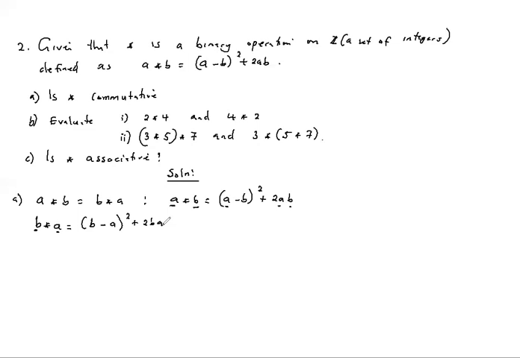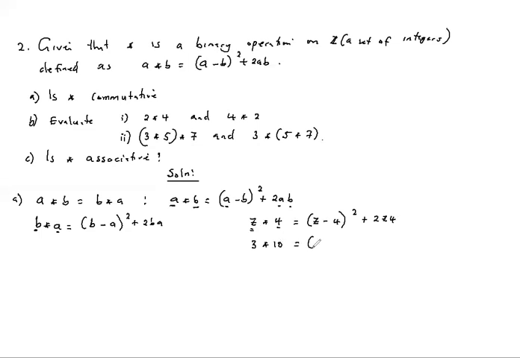Okay. So if you tell me what is Z star 4, using the same definition, I know that Z is my first number, so I'll say Z minus 4 the second number, minus 4 squared plus 2Z4. Good. What about 3 star 10?